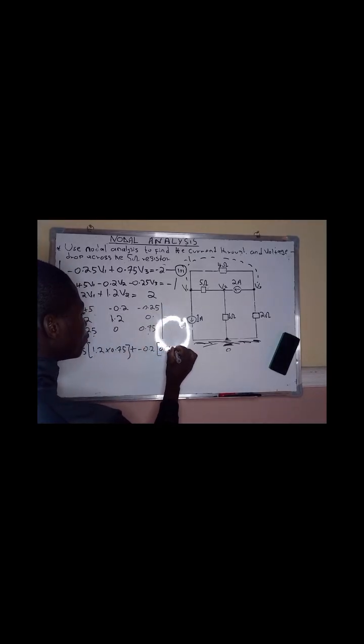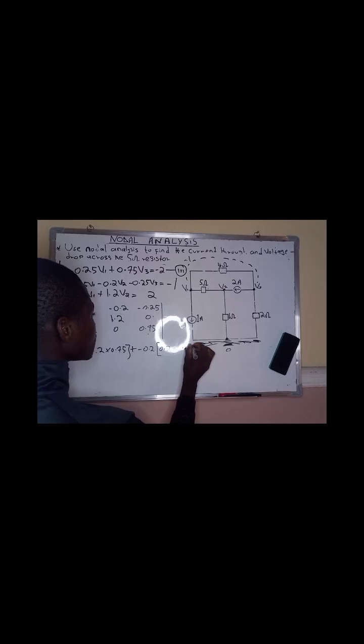So therefore, 0.2 multiplied by 0.75, and 0 times this is 0. So therefore I'm having plus, and I have positive, negative, and positive. So here I'm having a negative sign, because here is a positive sign.